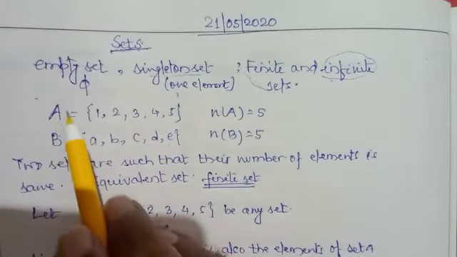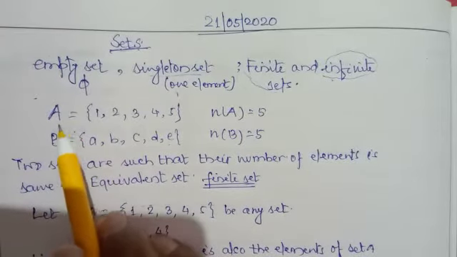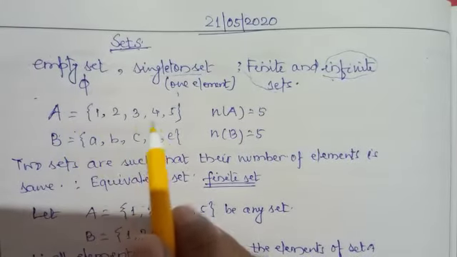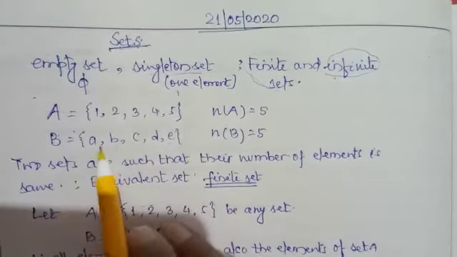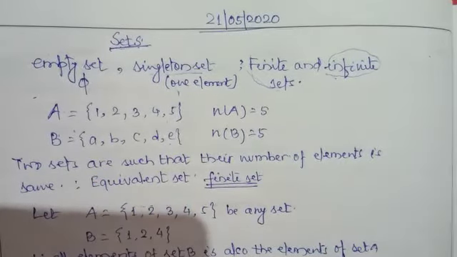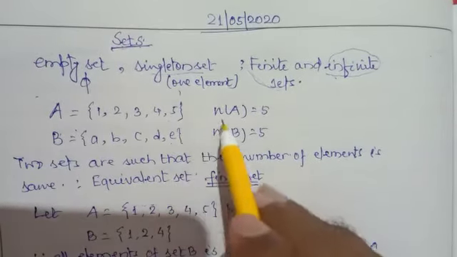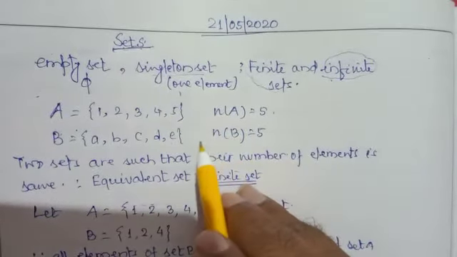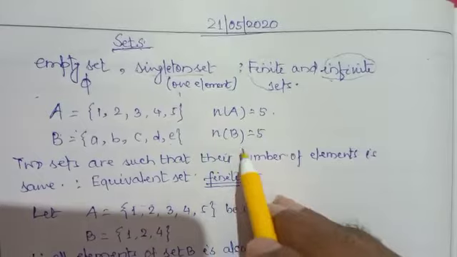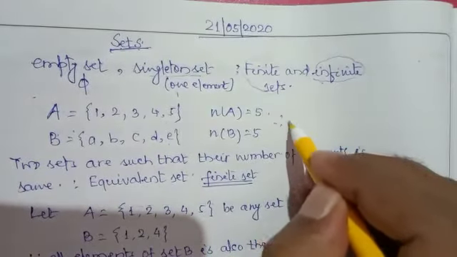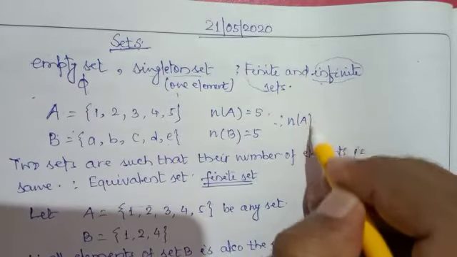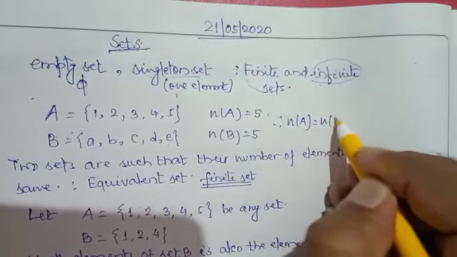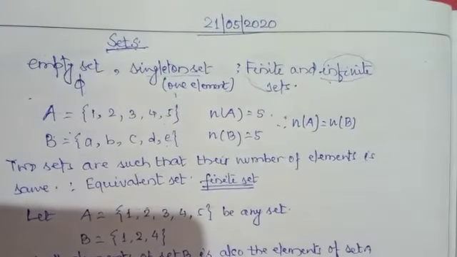The only similarity between them is that the number of elements is the same, although the elements are different. So the number of elements of set A is 5 and the number of elements of set B is also 5. So we may write that the number of elements of A is equal to the number of elements of B.